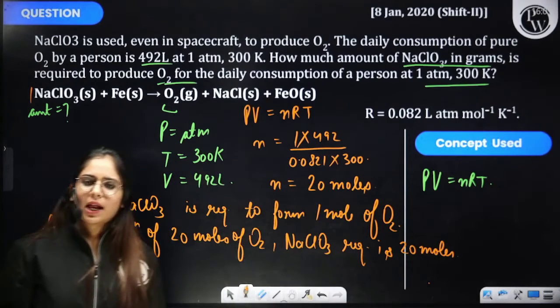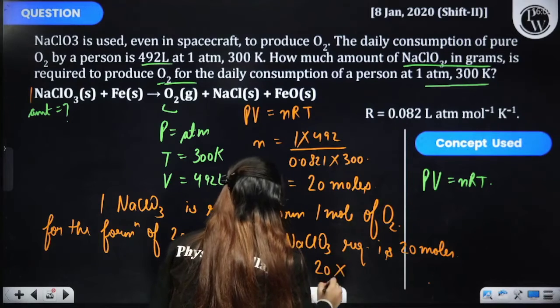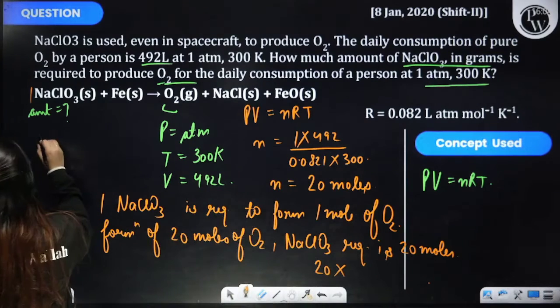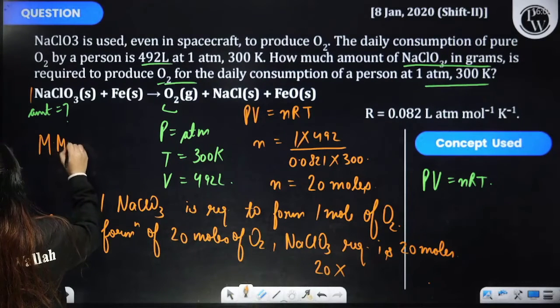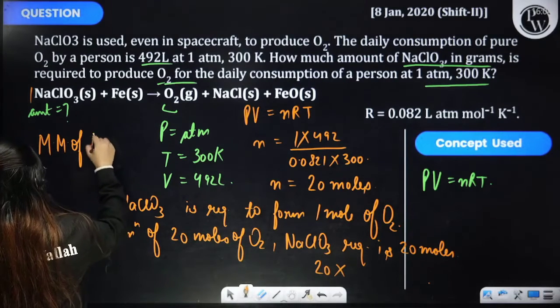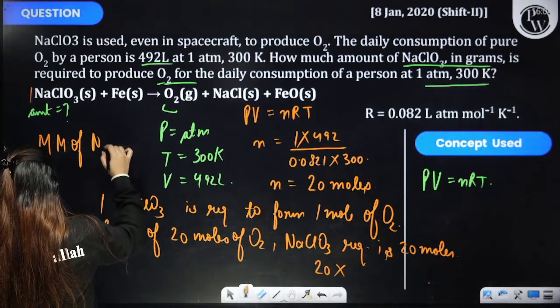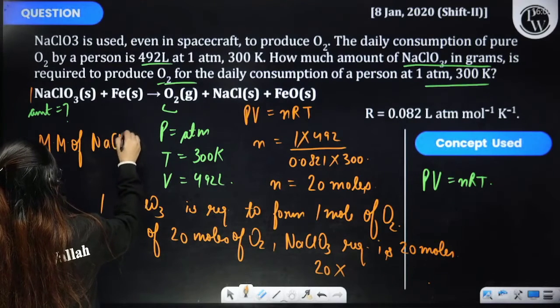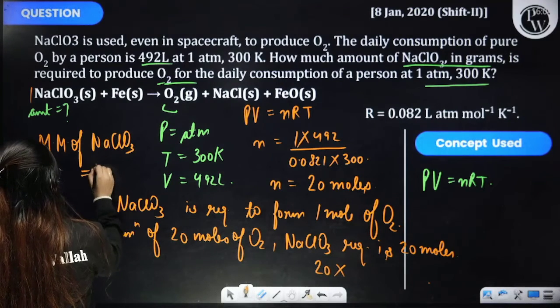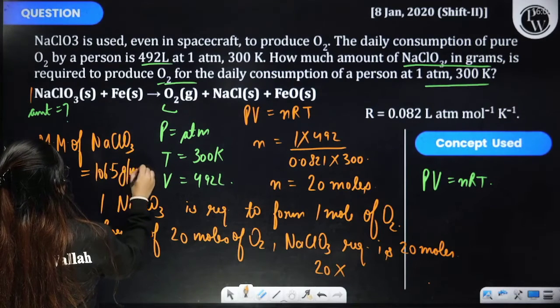But since you have to calculate the mass, multiply moles by the molar mass of NaClO3. The molar mass of NaClO3 is 106.5 gram per mole.